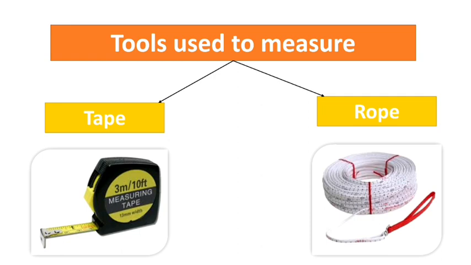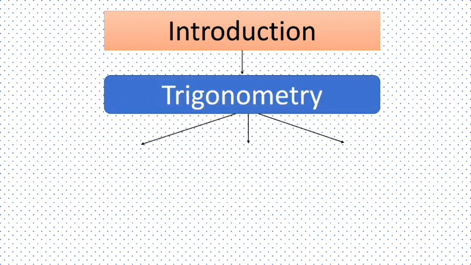We used measuring tape and rope to measure the distance of a particular thing. Very good. Children, to measure the height of a tree or the distance of a ship from a lighthouse, we need another kind of measurement that is called trigonometry.